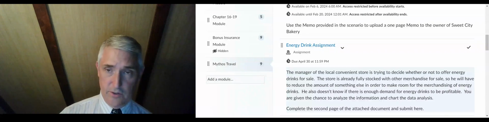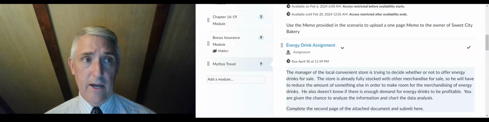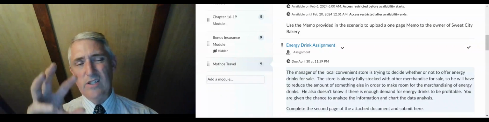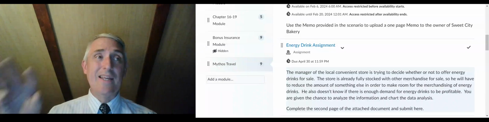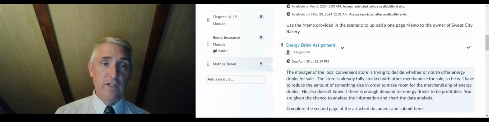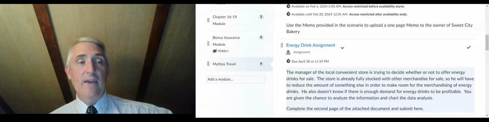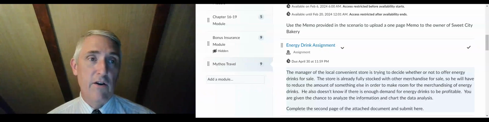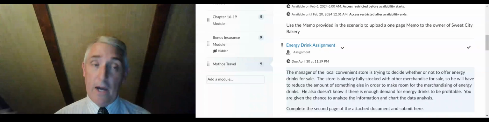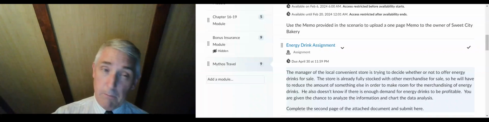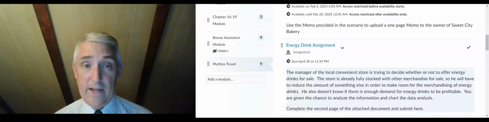And of course, energy drinks have a high national demand. But the question is, is there enough profit to be had in energy drinks at this particular location to justify taking away some of the other things that are selling already and making a profit, and replacing it with possibly a higher profit item, possibly a lower profit item, that is energy drinks.